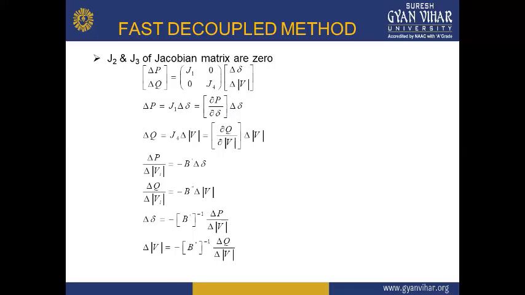Delta del is equal to minus of B dash inverse into delta P upon delta V, and delta V is equal to minus B double dash inverse into delta Q upon delta V, as shown by these two equations.